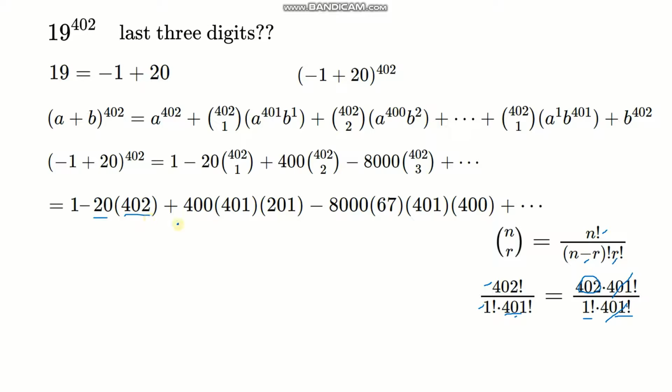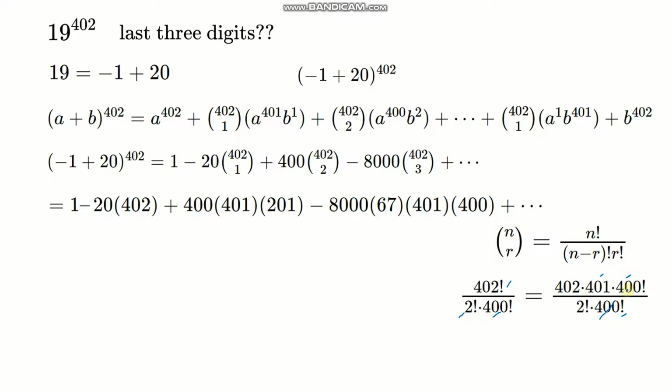For 402 taken 2, we have 402 factorial over 2 factorial times 402 minus 2 factorial, which is 400 factorial. So 402 factorial is the same as 402 times 401 times 400 factorial over 2 factorial times 400 factorial.